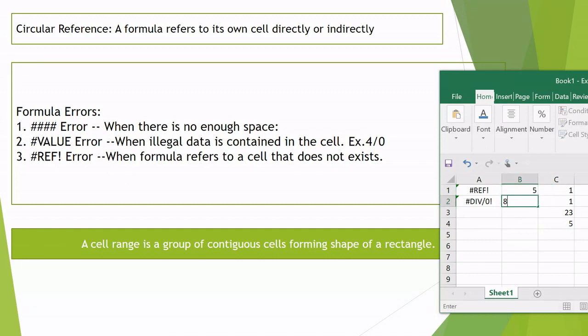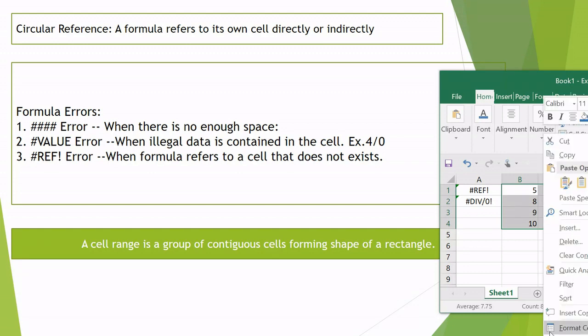Suppose I have this data, this is a range, including B1 to C4. B1 to C4 is the range. Starting from the first cell, B1, to the last cell, C4, is said to be the range. I can give a name to the range.